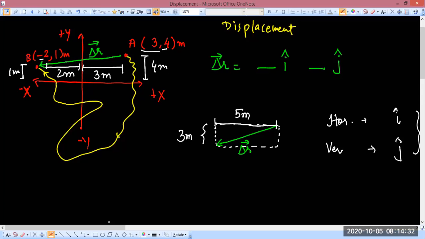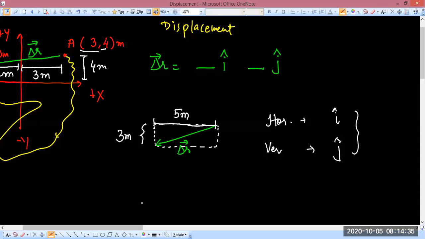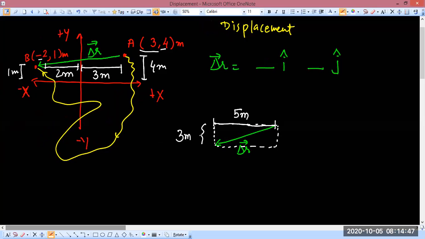If you look at this carefully, Vedant, don't try to rush. Now, if you look at this vector carefully, do you realize that this displacement vector is actually going in this direction?